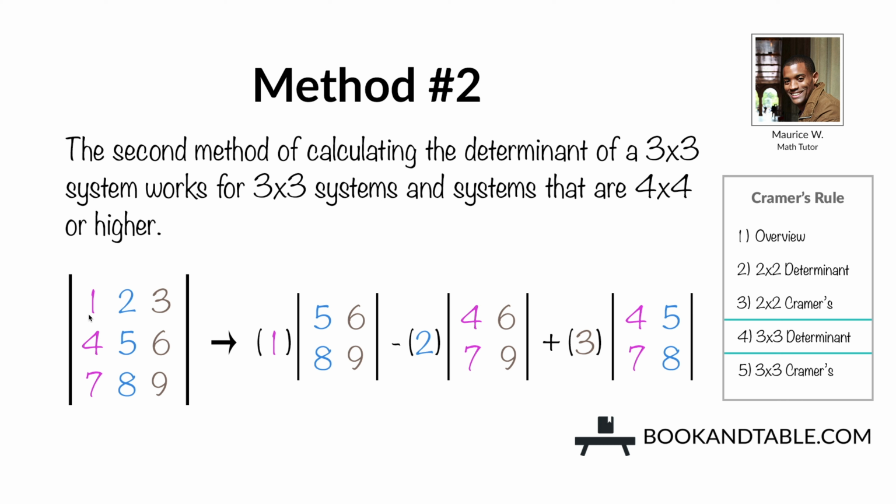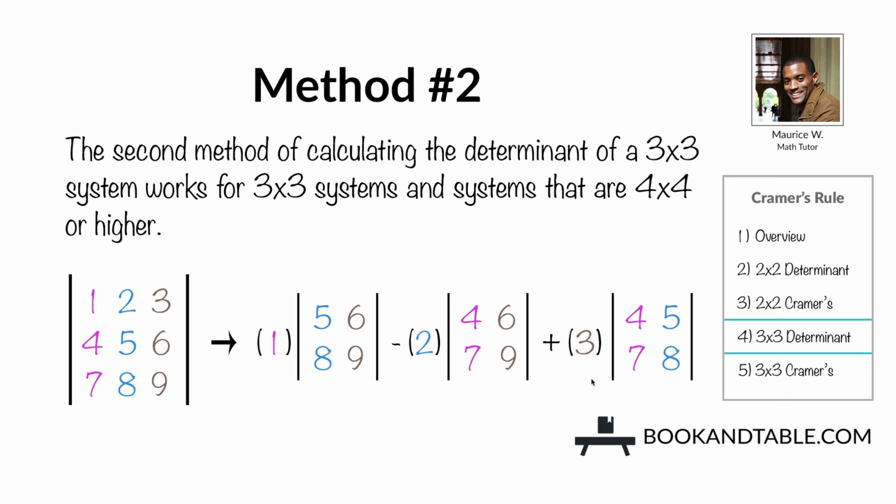So you'll start with some 3x3 system, and you'll wind up working with 3 individual 2x2 matrices. And each matrix is preceded by a multiplier. Now we'll dive into the details of how we go from this 3x3 to these multipliers times these matrices.